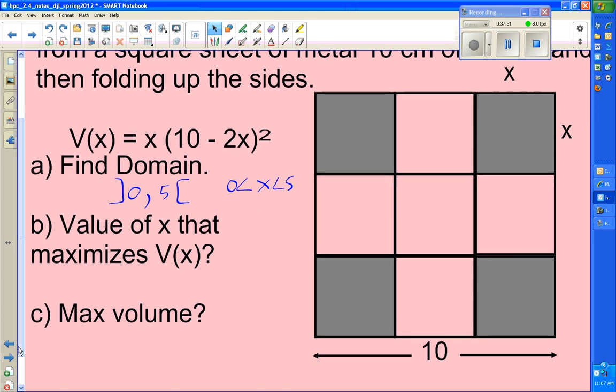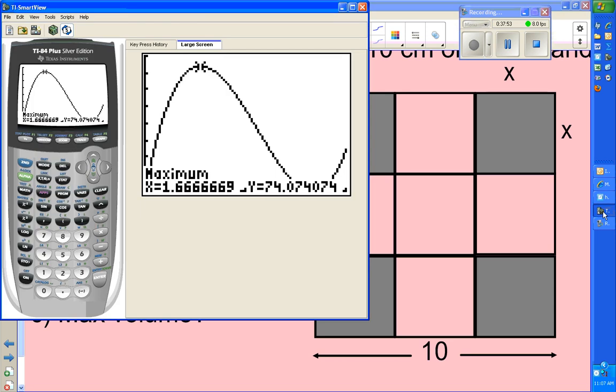What value of x maximizes V of x? That would be 1 2/3, or if you wanted to put 5 over 3, either of those would be fine. The decimal's not going to be fine. You want exact values. Off of your graphing calculator, I would take the 74.074.